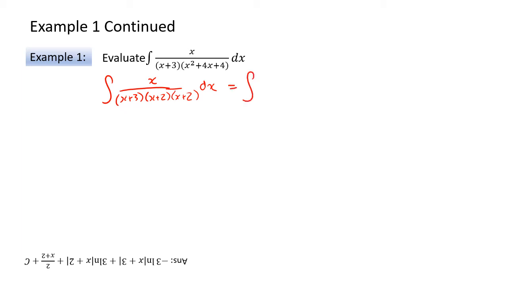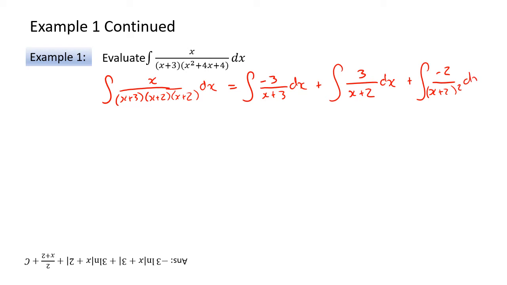It's equal to the integral of the a term, which is negative 3 divided by x plus 3, plus the integral of the b term, which is 3 divided by x plus 2, and plus the c term, which is negative 2 over x plus 2 squared.